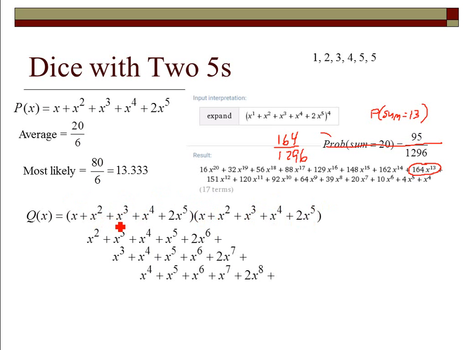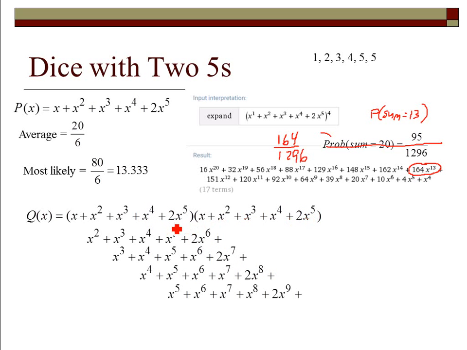When I multiply it through, it's going to give me these terms. Then I go to x to the fourth and multiply it through. So x to the fourth times x is x to the fifth. X to the fourth times x squared is x to the sixth. Then I get x to the seventh. Then x to the fourth times x to the fourth is x to the eighth. Then x to the fourth times 2x to the fifth is 2x to the ninth.